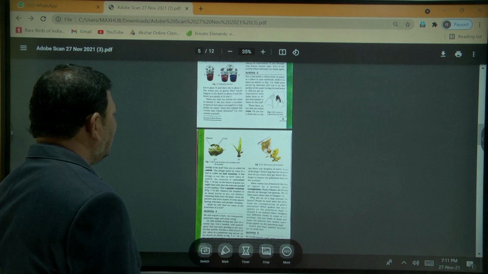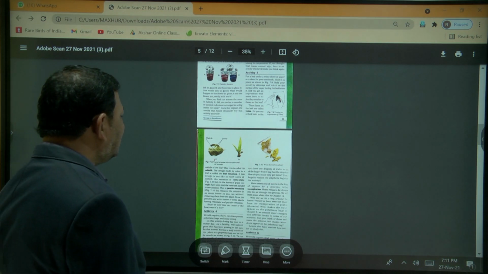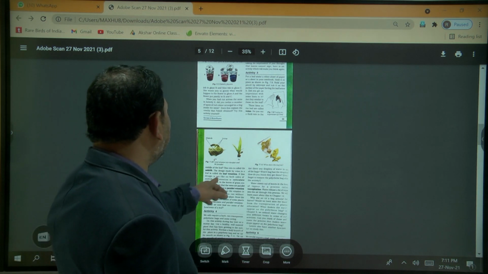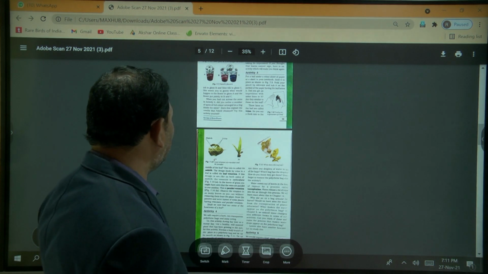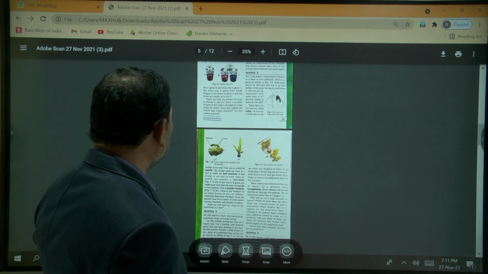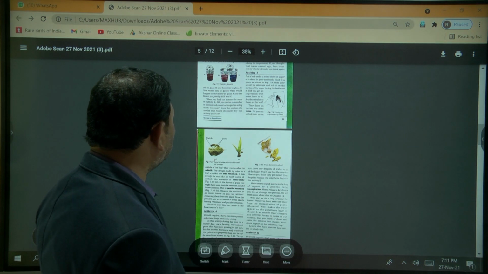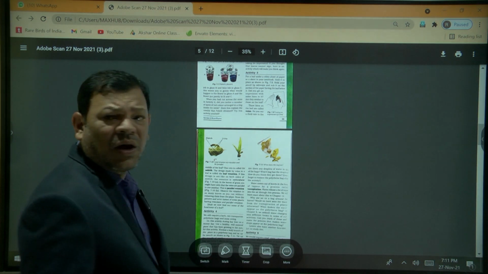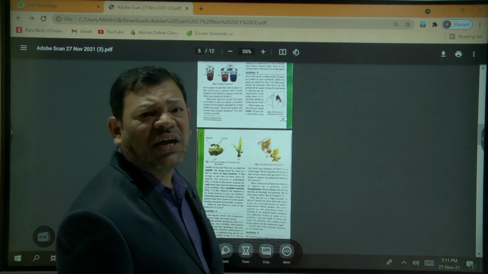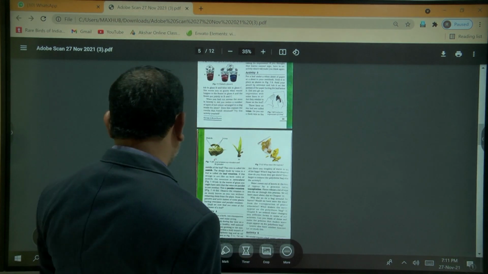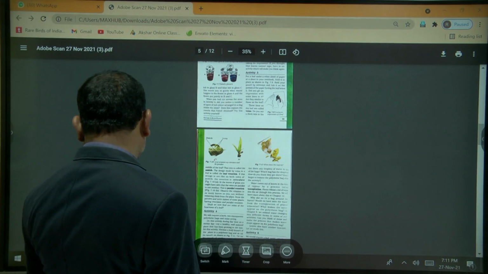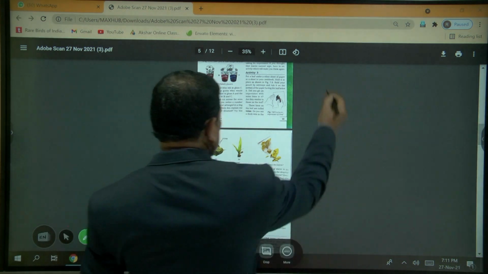So venation means what? The design made up of veins in the leaf is called leaf venation. In the leaf, two types of venation are present. One is reticulate venation and the second one is parallel venation. What is that? Reticulate venation.